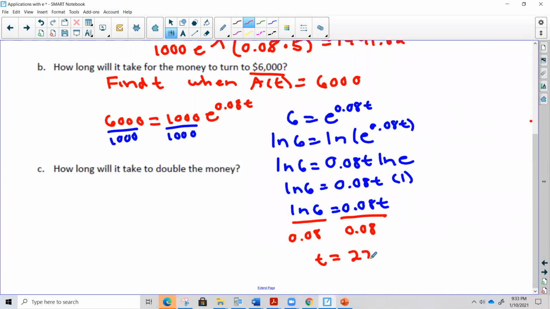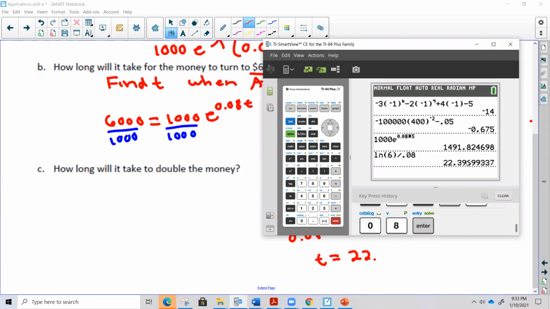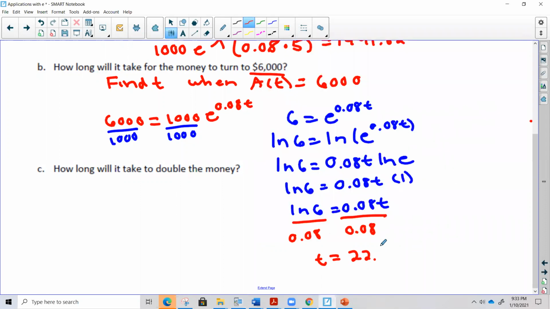We'll just do 2 decimal places again, so the 9 bumps up to a 10, so it becomes 22.40, and that would be in years. So hopefully you've seen this before. We won't do too much with it, but some of the application problems may require you to solve for t using the natural log.